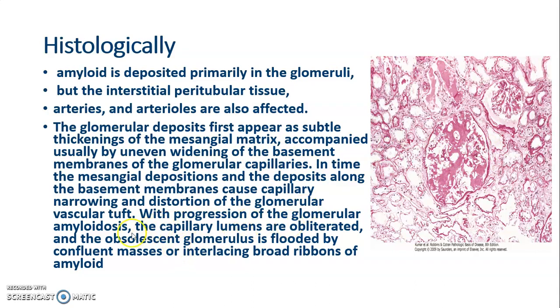With the progression of glomerular amyloidosis, the capillary lumens are obliterated and the obsolete glomerulus is flooded by a confluent mass or interlacing broad ribbons of amyloid. So, in this microphotograph, you are seeing the glomeruli with amyloid deposition.